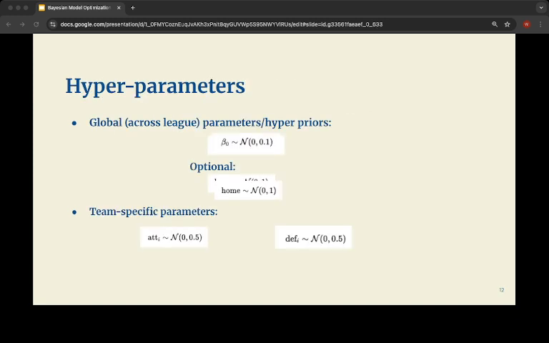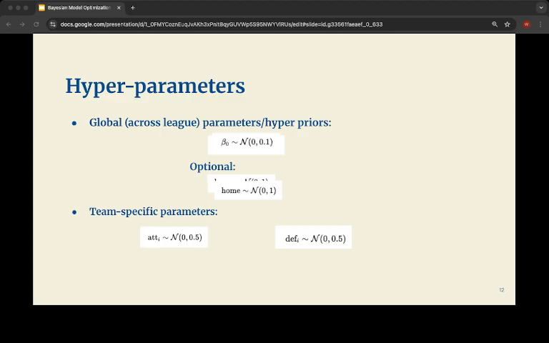So let's talk about the hyperparameters of this model. These parameters define general trends across all teams, and this is the baseline goal scoring formula, using a global normal distribution. Home advantage is optional, but it's added here because you want this single-level model to have a little more conditioning to analyze team strengths.